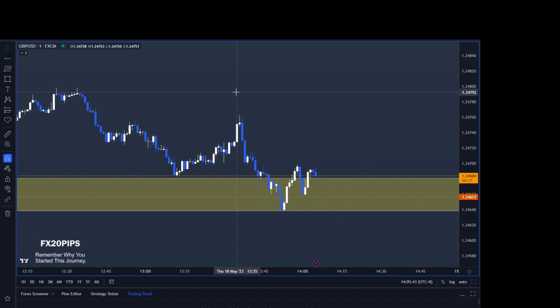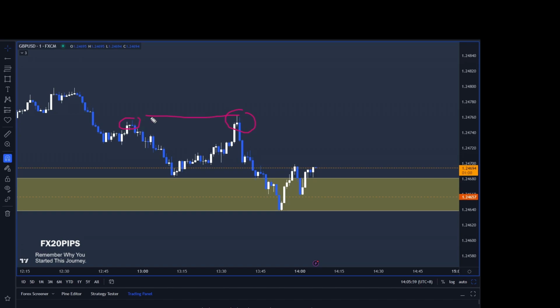Now, taking into context, let's look at the time. This is about 1:35, 1:36, approaching the opening of Frankfurt, which is here. So this gives me an idea that price has broken once from the structure. When I say structure, I mean high, lower high, and low, lower low.